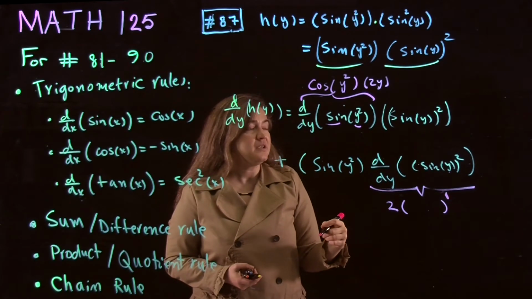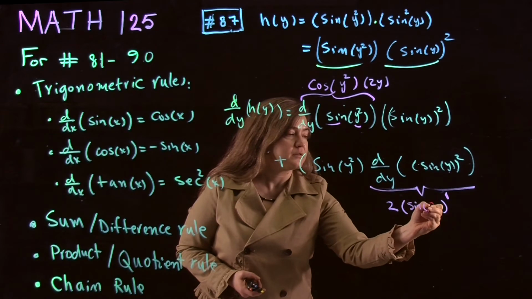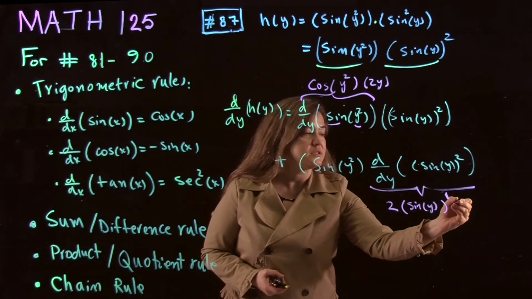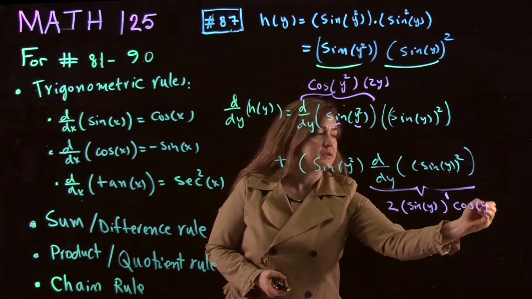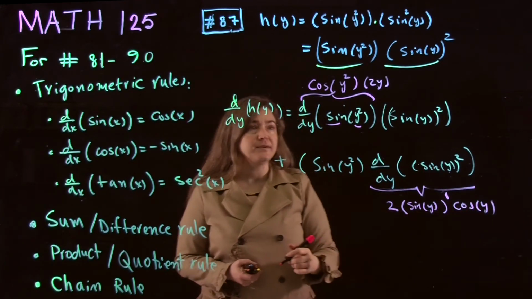Two minus 1 is 1. Inside unchanged. Times the derivative of inside, which is the derivative of sine, cosine y.